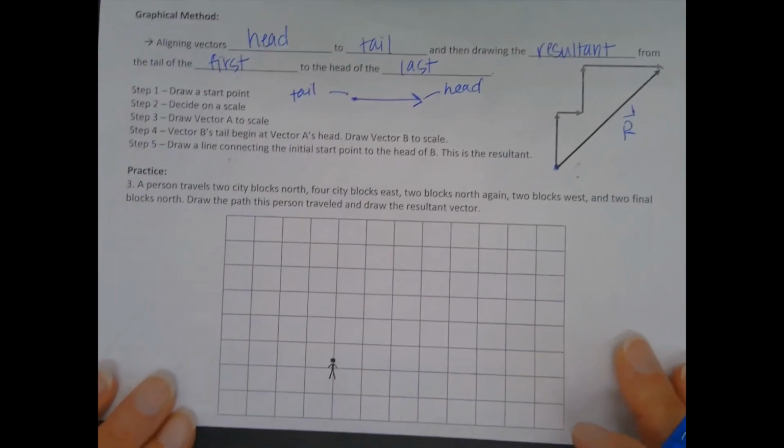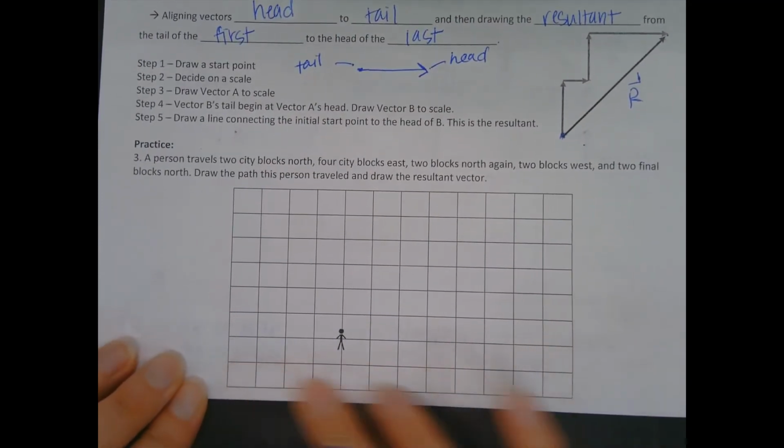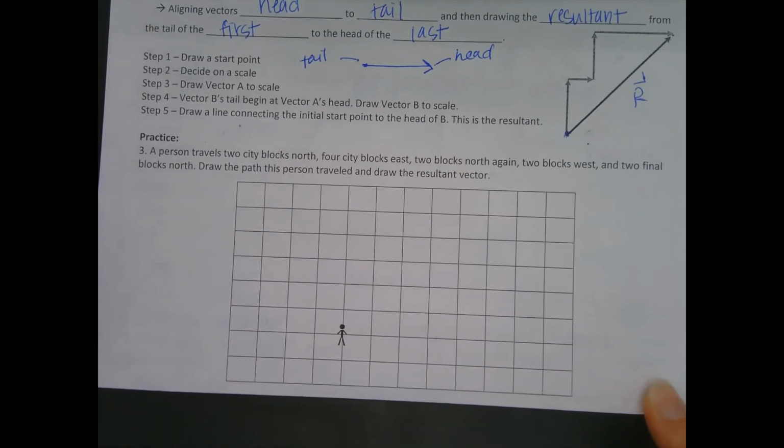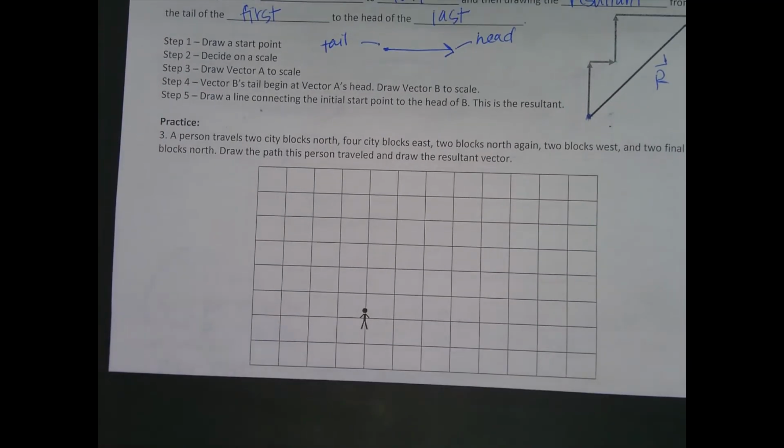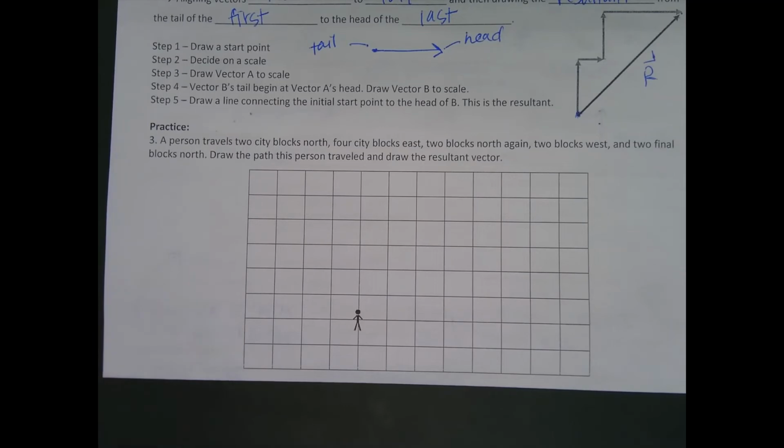So let's apply this to this practice question. There are some steps here that we can use. A person travels 2 city blocks north, 4 city blocks east, 2 blocks north again, 2 blocks west, and 2 final blocks north. Draw the path this person traveled and draw the resultant vector. The very first thing I need to do is figure out my directions, right?